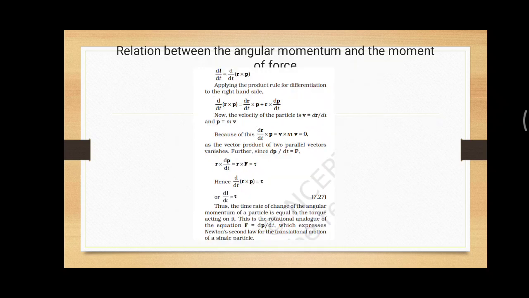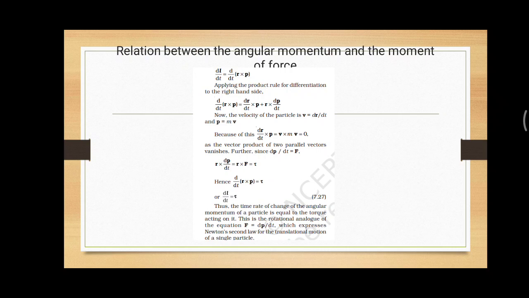Now the relation between angular momentum and the moment of force. The same as in the case of linear momentum, the rate of change of linear momentum with respect to time is the force. So here the rate of change of angular momentum with respect to time will be the angular force, that is the torque. So you have to take dL by dt, the rate of change of the angular momentum. dL by dt is d by dt of r cross p, where L is r cross p.